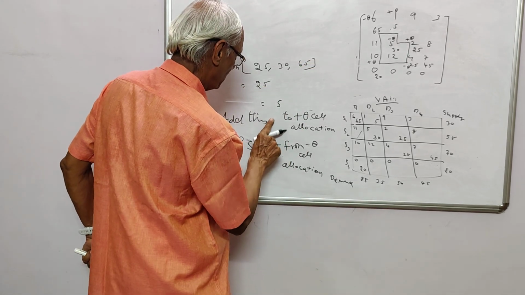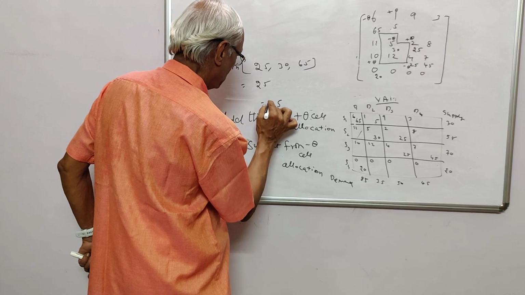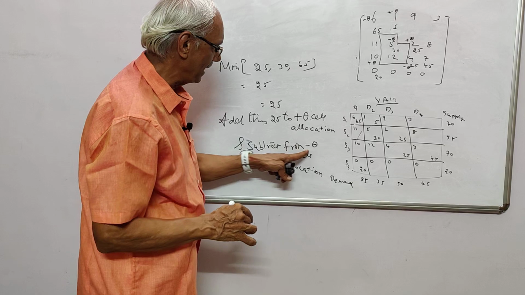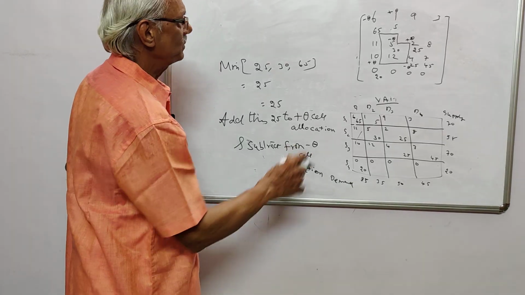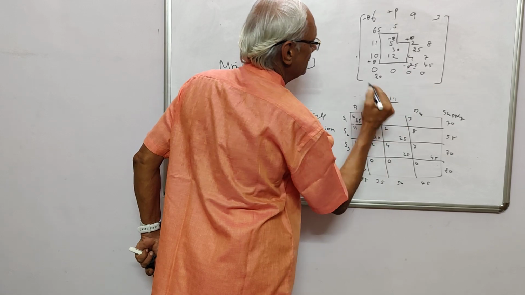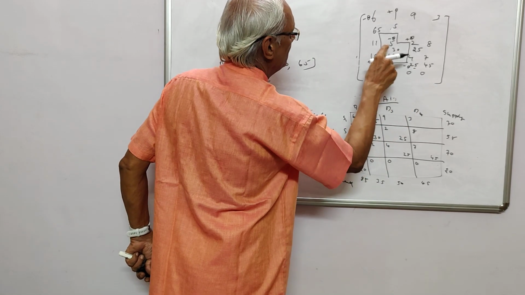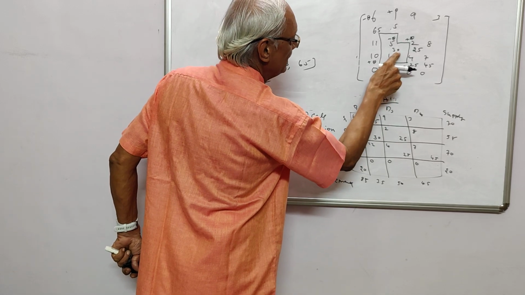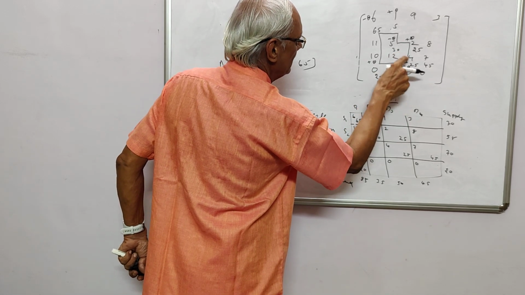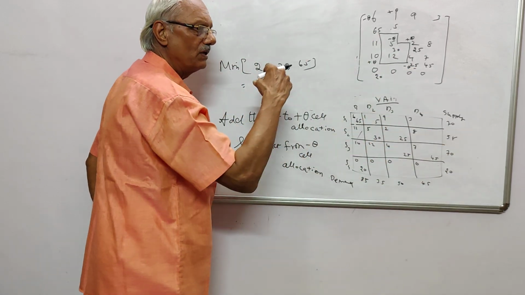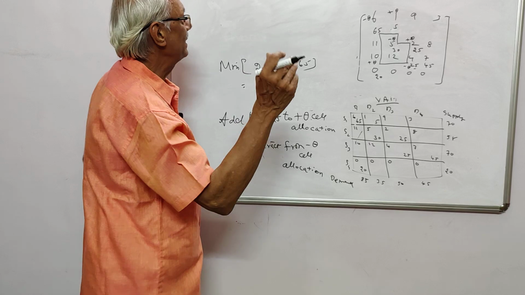So add this 25 to the plus theta cell and subtract it from the minus theta cell. I am sorry, because this is allocation, minus theta cell allocation, this is minus. So 25 allocation, 30 allocation, 65. Minimum is 25. Add it to the plus theta cell and subtract it from the minus theta cell.